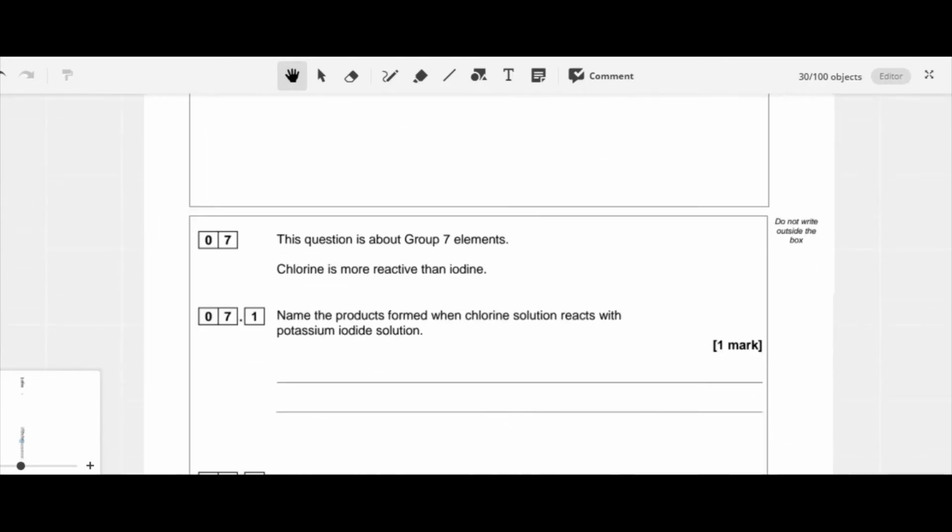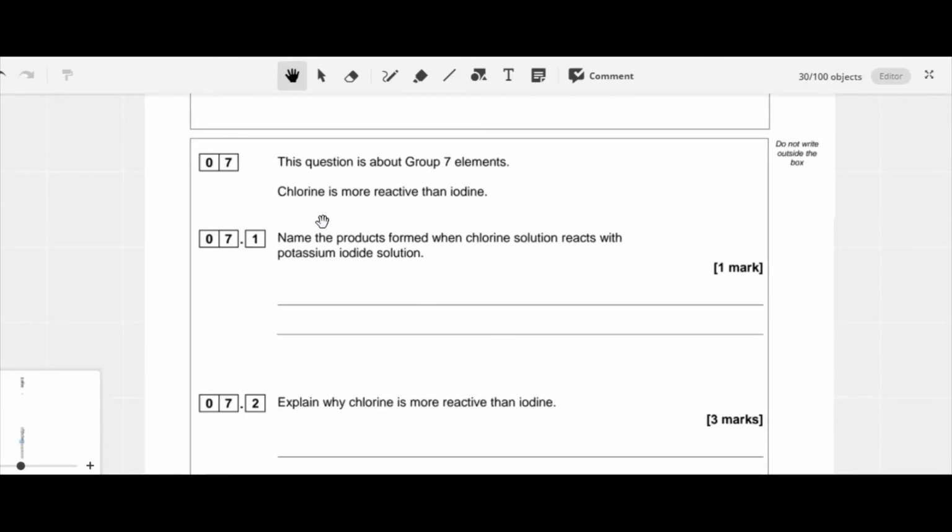Okay, now the next question, question number 7. This question is about group 7 elements. Chlorine is more reactive than iodine. Name the product formed when chlorine solution reacts with potassium iodide solution.